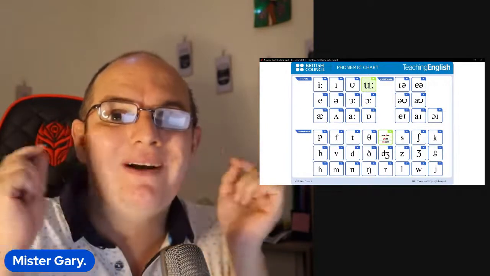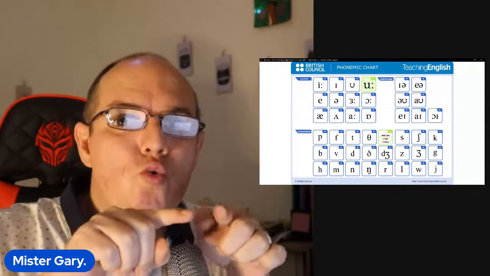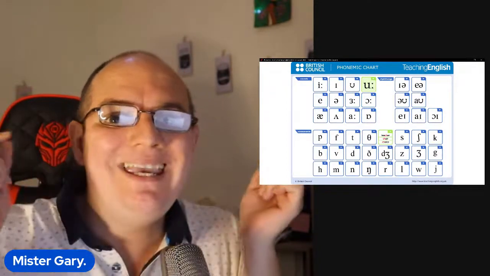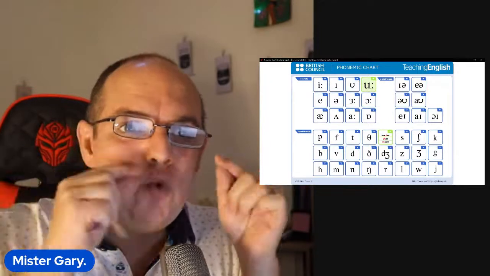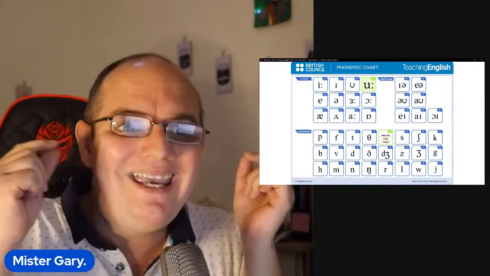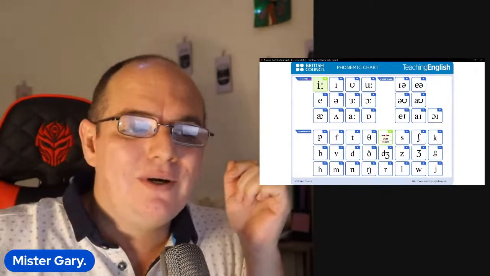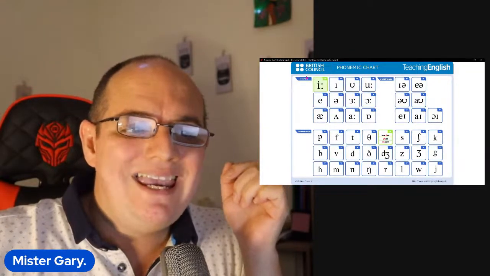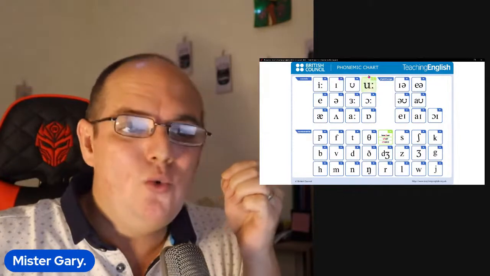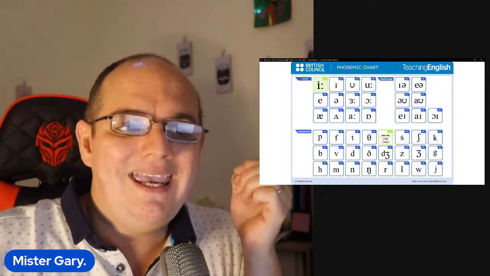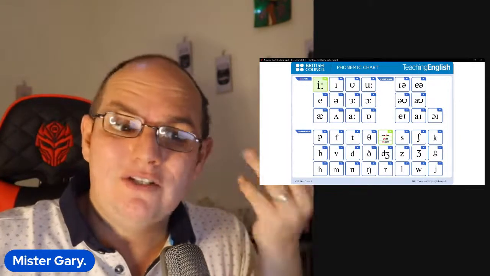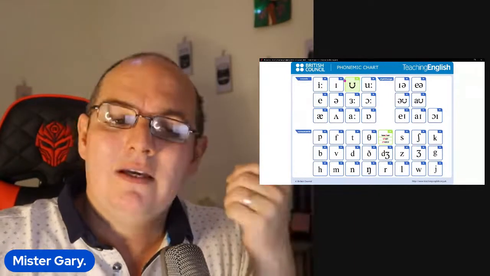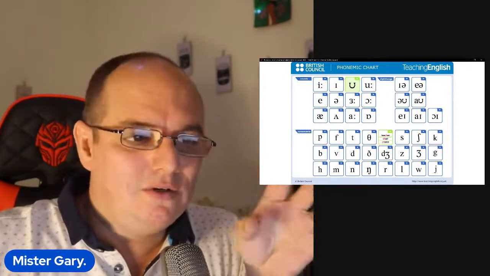So now we go ew, wee. Okay, so when you transition from one to the other, they're generally connected when you're using this chart.